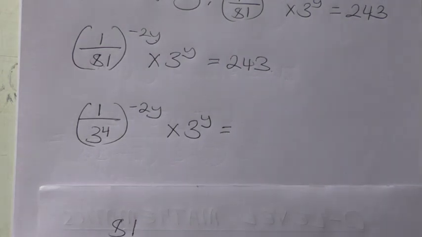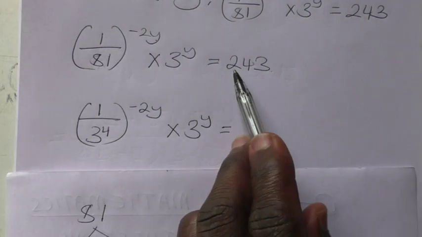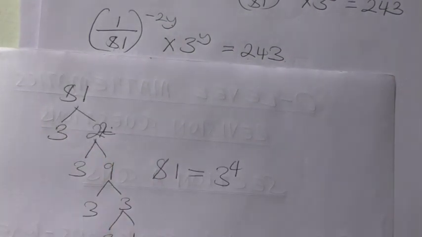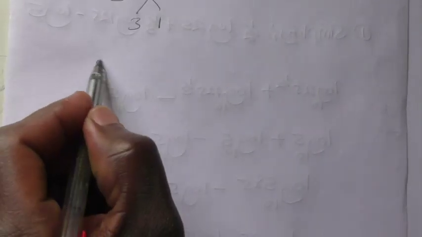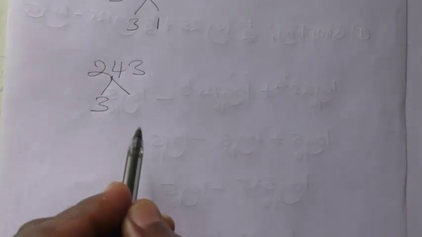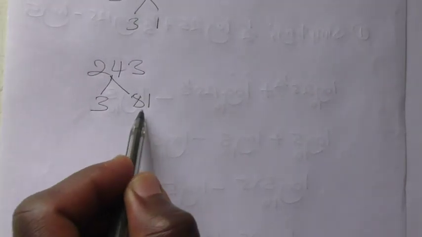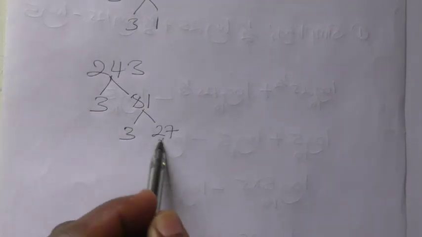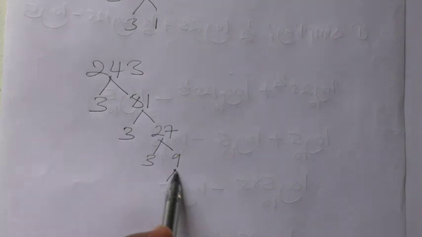This equals, we still prime factorize 243, still by 3. 243 divided by 3, we get 81. Then by 3 we get 27. By 3 we get 9.